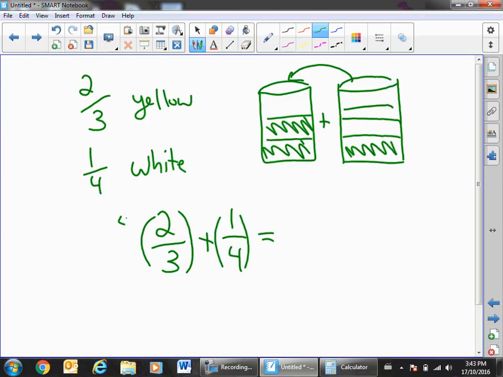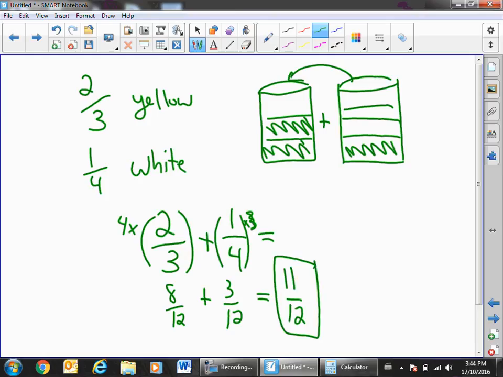So we multiply this side by 4 and this side by 3, and we end up with 8/12 plus 3/12 to get 11/12. And that is our answer.